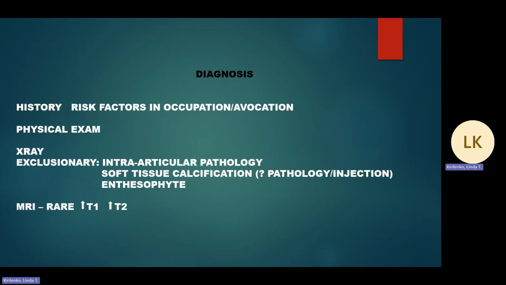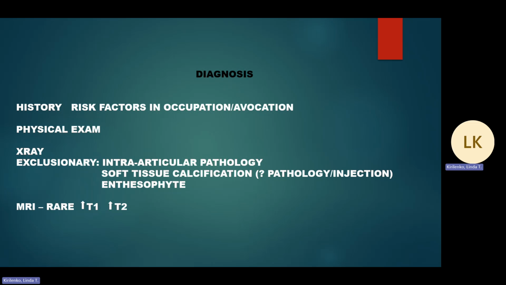You can also assess for soft tissue calcification or enthesophyte formation. Soft tissue calcification can either be secondary to pathology, or if they have a history of previous injection, may also be secondary to the injection.